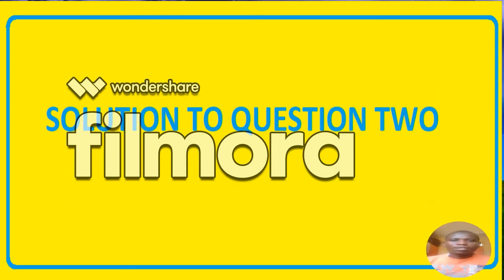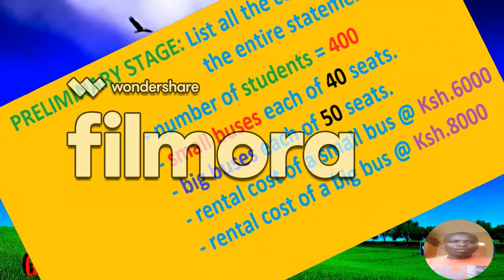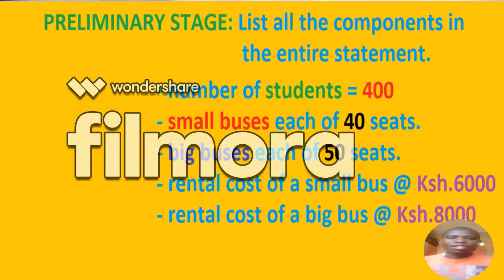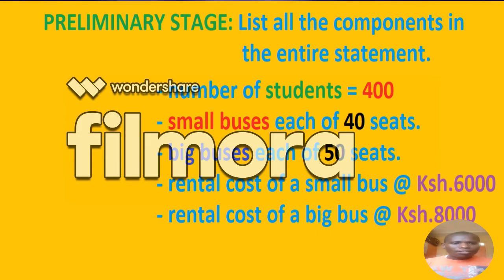Now this is the solution to question 2, and the solution is as follows. It's done in subsequent steps. So we are going to begin from the preliminary stage, and in the preliminary stage we are going to list all the components in the entire statement. The components making the entire statement include: 1.